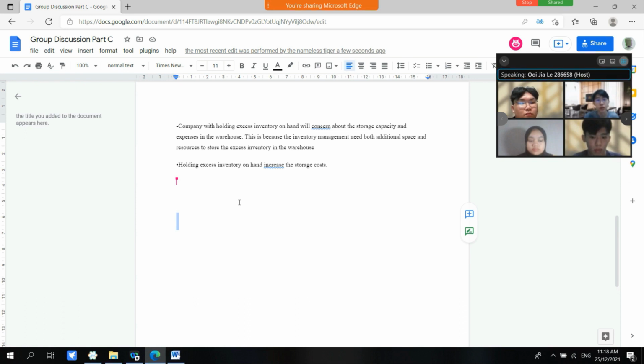Additional space will require increased storage cost to stock the excess inventory. The point number 3, Ming Hui can continue the third shortcoming for option 1.